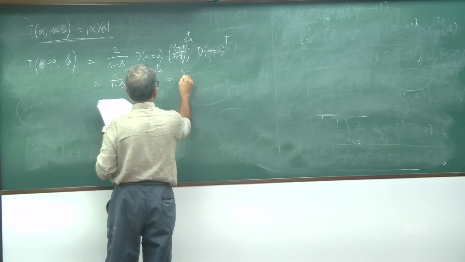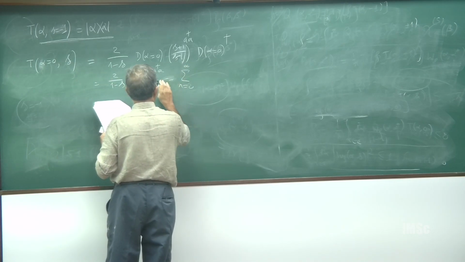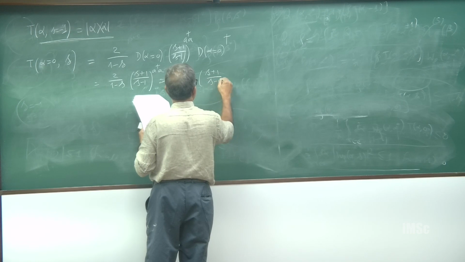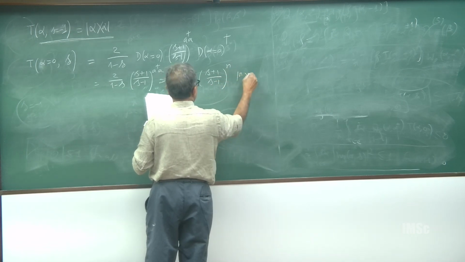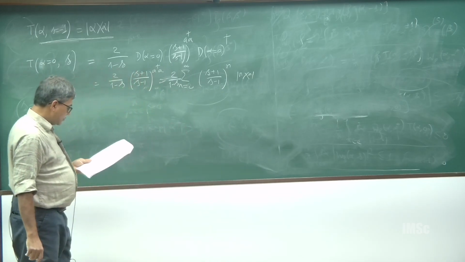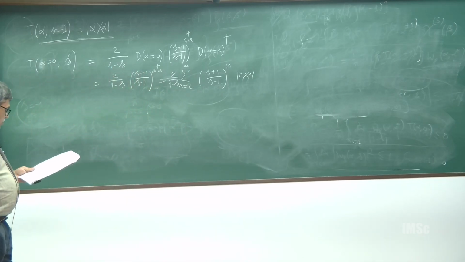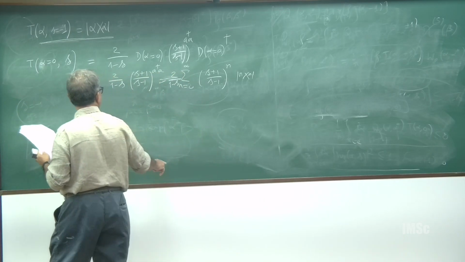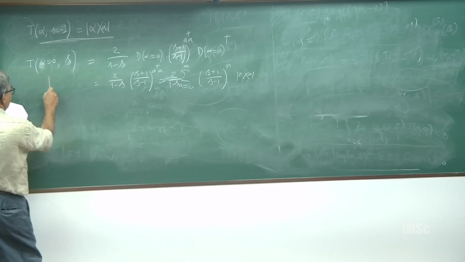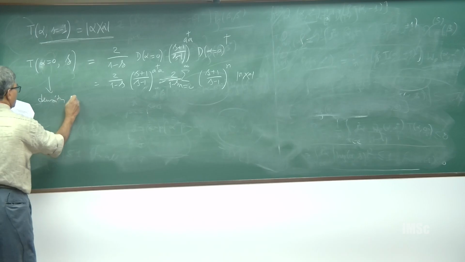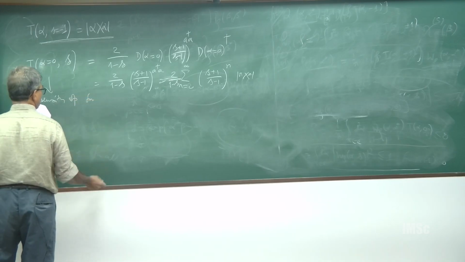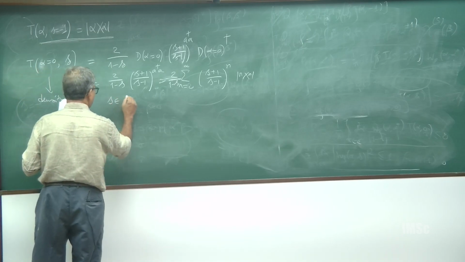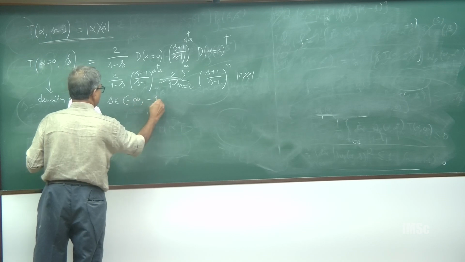And this is nothing but the sum over n from 0 to infinity of 2 by 1 minus s, times s plus 1 by s minus 1 whole to the power n, |n><n|. And as we know, this is a density matrix operator for s belonging to minus infinity up to minus 1 including.